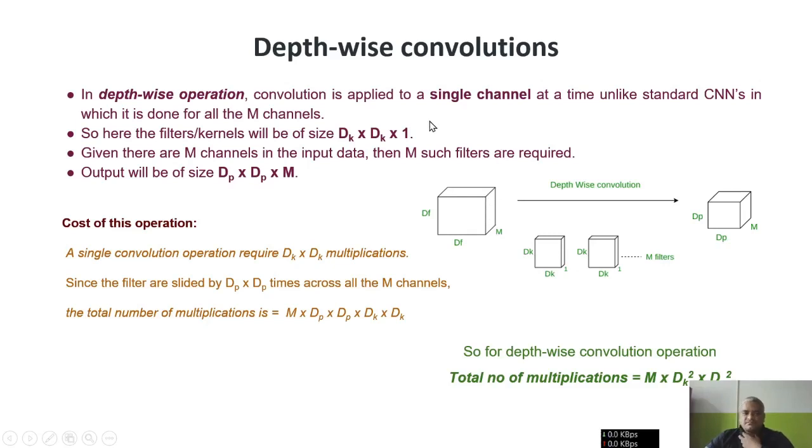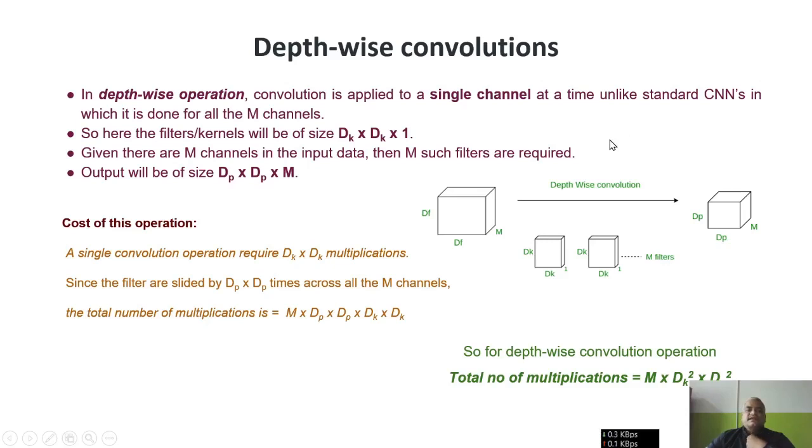So in depth-wise convolution it is applied to a single channel, that is, for M channels, one channel at a time, unlike the standard CNN which we have done for all M channels.